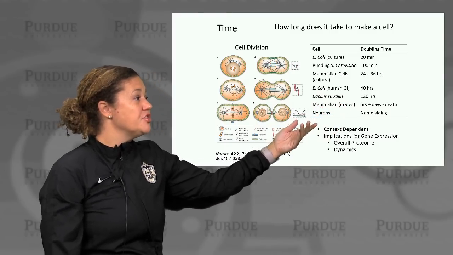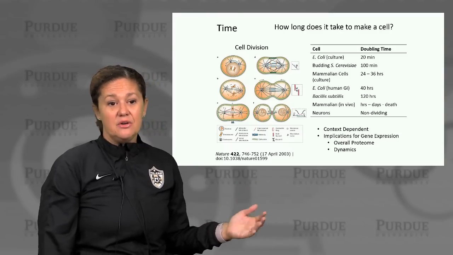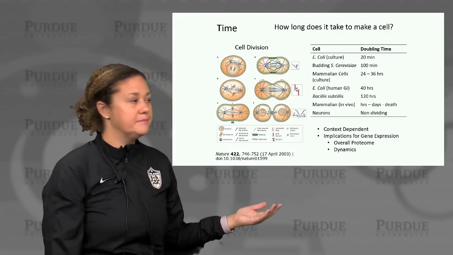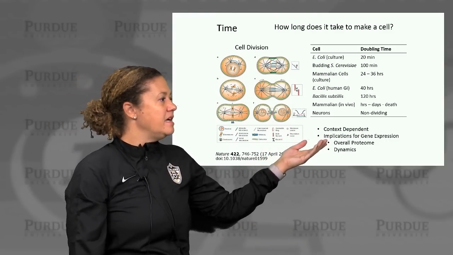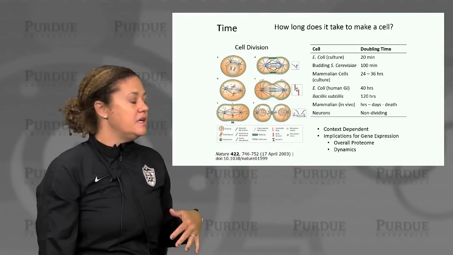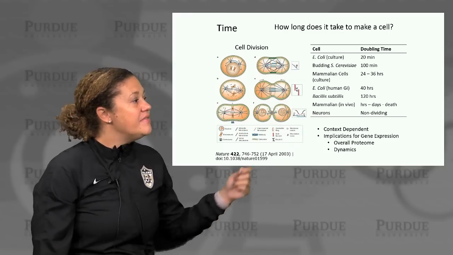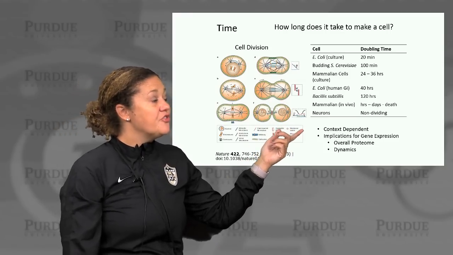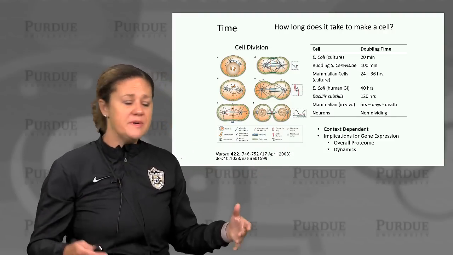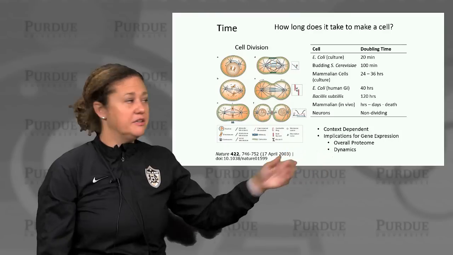There are cells such as neurons that, once they differentiate into neurons, are non-dividing. So they have an infinite doubling time, essentially. They're post-mitotic. The point to make here is that the doubling time can vary quite a bit based on the cell type, that it's very context dependent, and that there are implications for gene expression, including the makeup of the overall proteome expression and the dynamics, which we will get to in a future lecture in more detail.